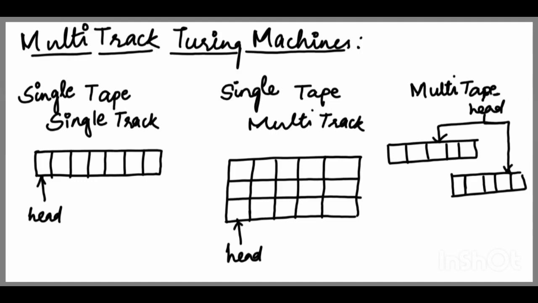So today's topic would be single tape multi-track Turing machines. Let's discuss them in detail. A multi-track Turing machine is a specific type of multi-tape Turing machine which contains multiple tracks but with just one tape head which reads and writes on all the tracks. Here a single tape head reads n symbols from n tracks in one step.